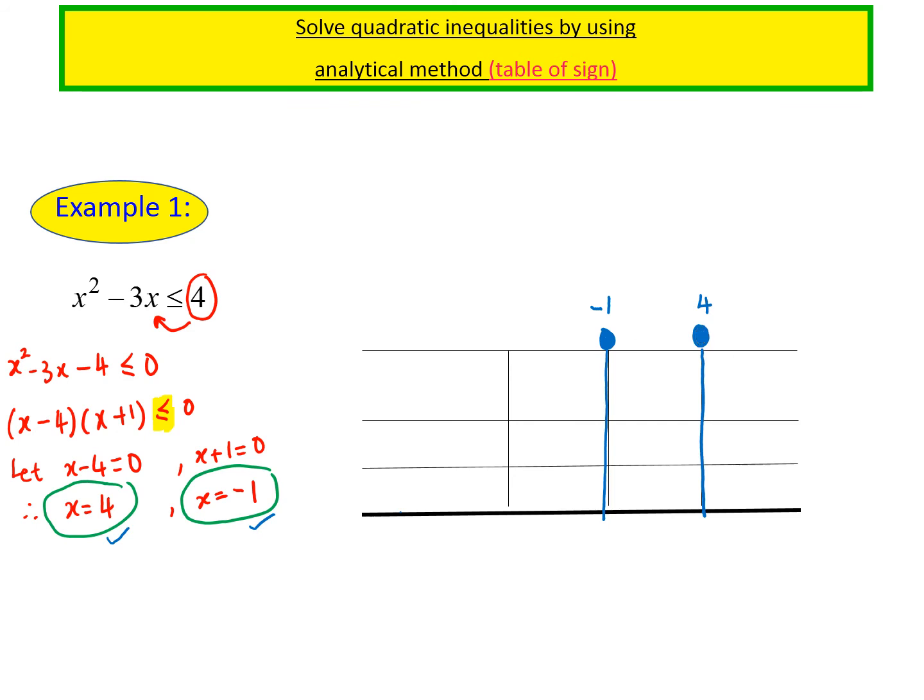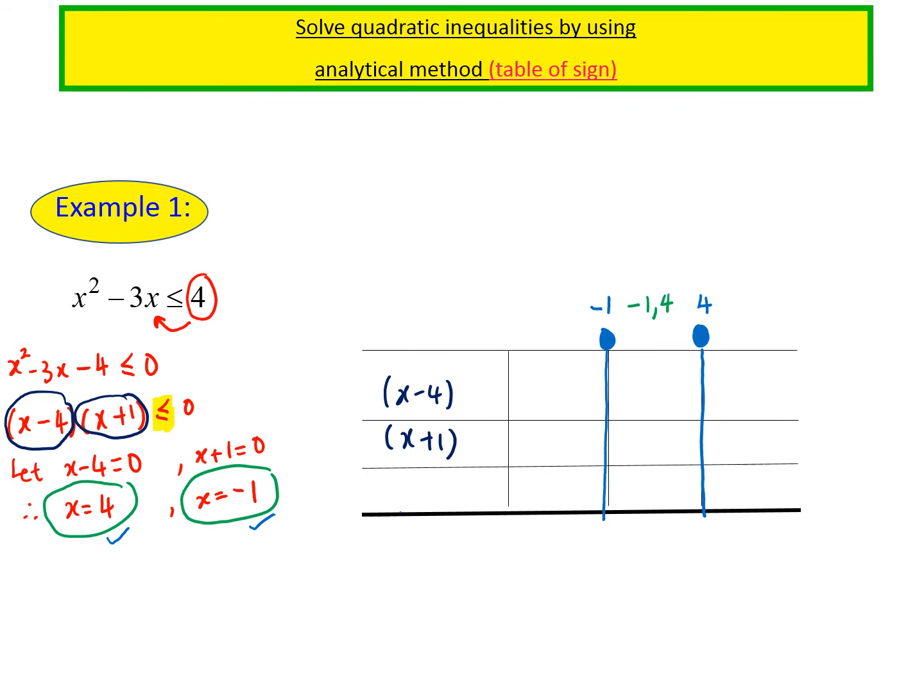Next step, after I have my zeros, I am going to copy down the factors. I have 2 factors here, x minus 4 and x plus 1. Next step, I'm going to build my interval. The interval over here is -1 to 4.